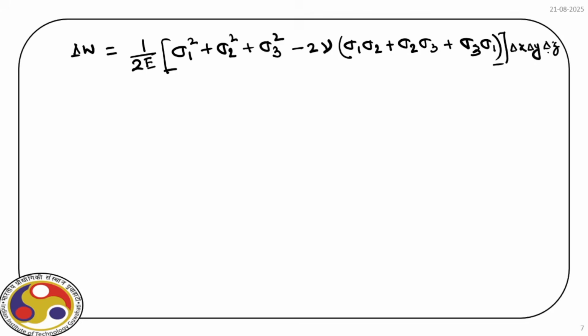That's the initial volume, right? So if we find out U, that is delta W by delta V is equal to 1 by twice E within this bracketed term.